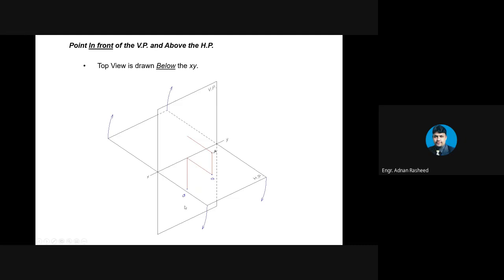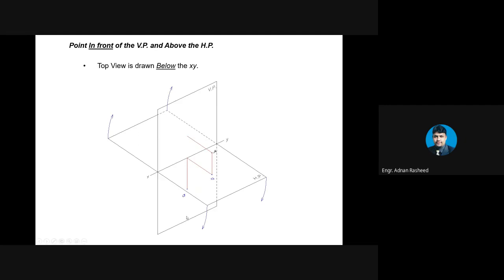So remember one thing, that we can rotate this horizontal plane in such a way that it coincides with vertical plane. Why we rotate? I will show you in a few moments. But remember now at this point that this horizontal plane can be rotated and can be aligned with vertical plane, such that this second quadrant and fourth quadrant collapse.